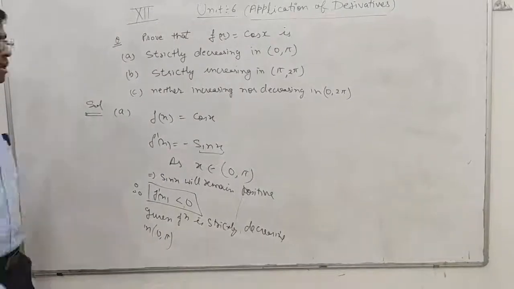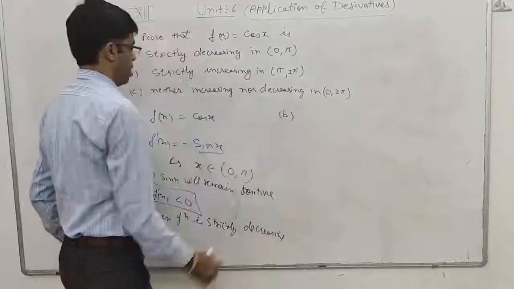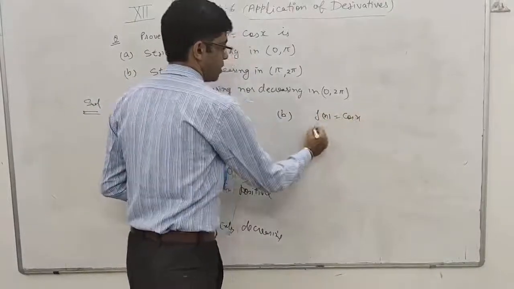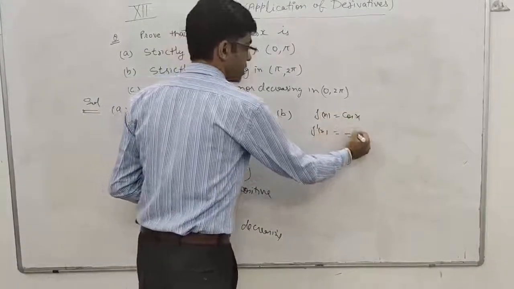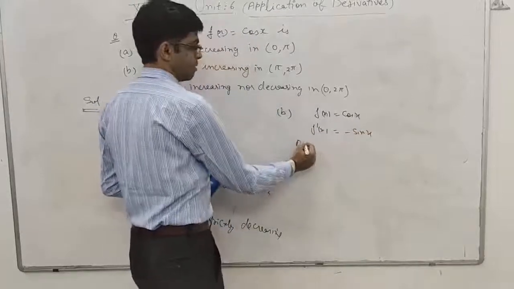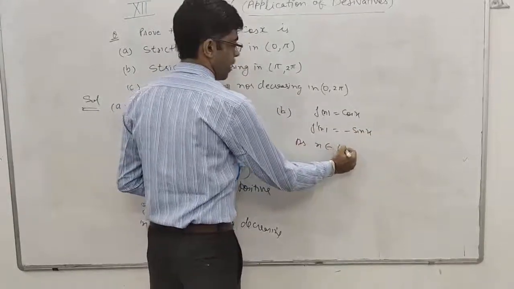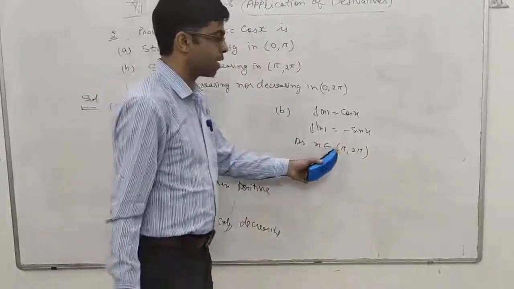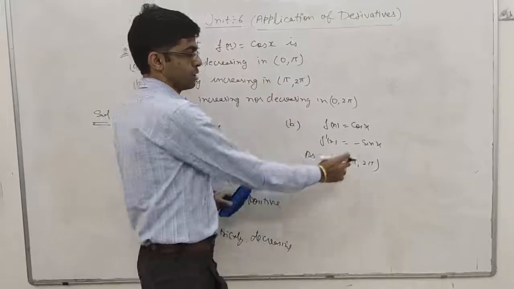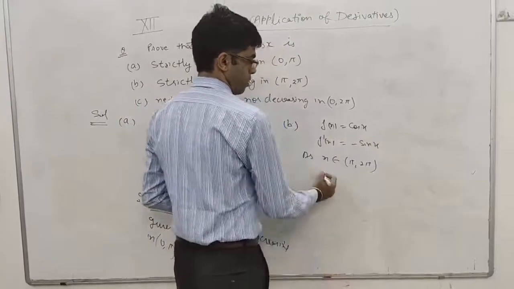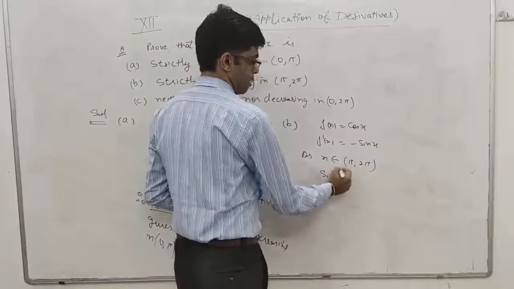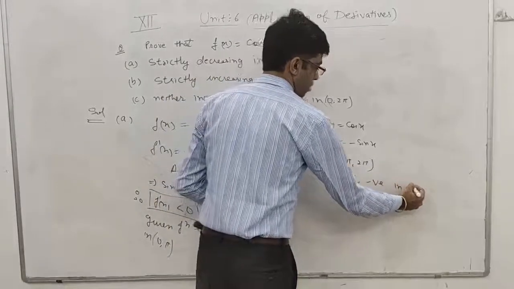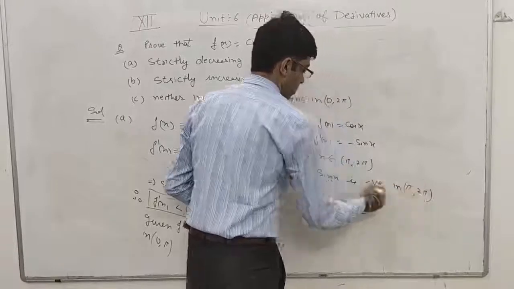0 and pi. Similarly in B part, f(x) is the same cos x and f dash x is minus sin x. So x belongs to pi to 2 pi, means pi से 2 pi के third and fourth quadrant both, sin x is negative. So sin x is negative in pi to 2 pi.